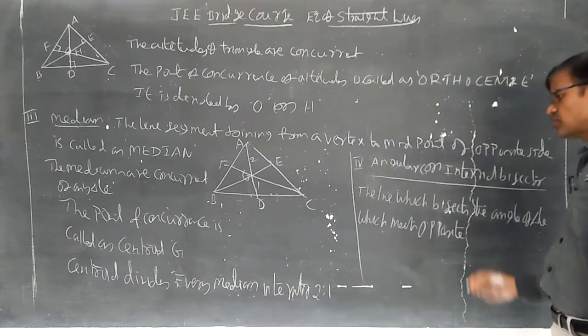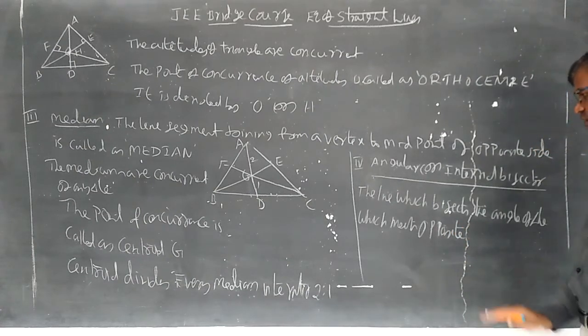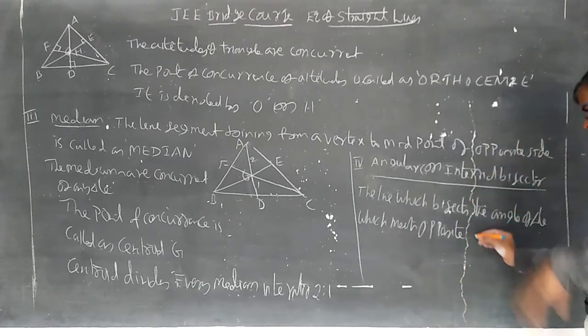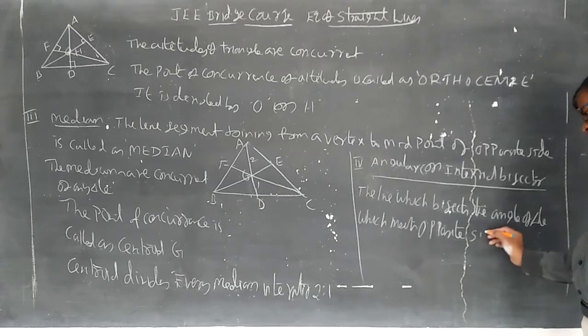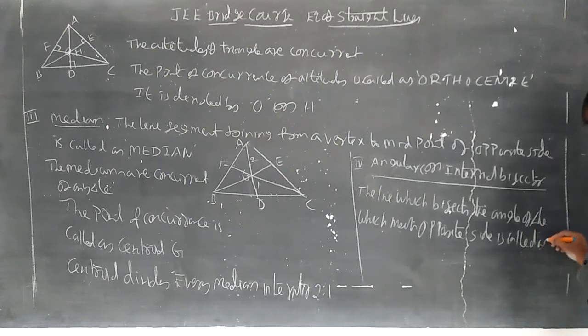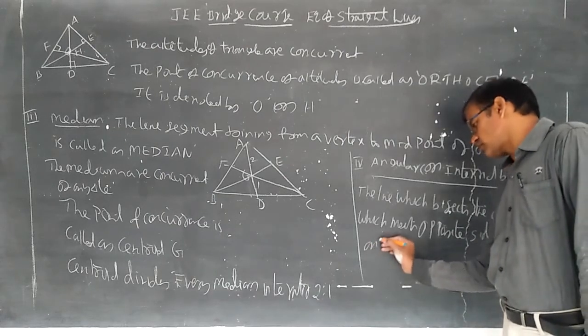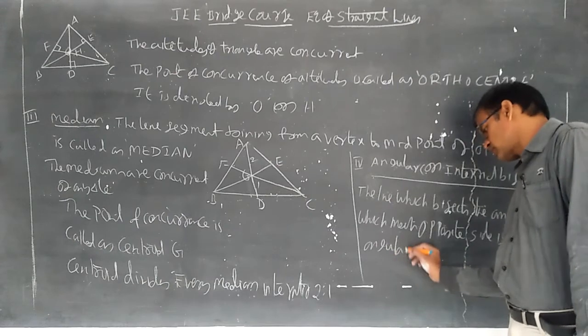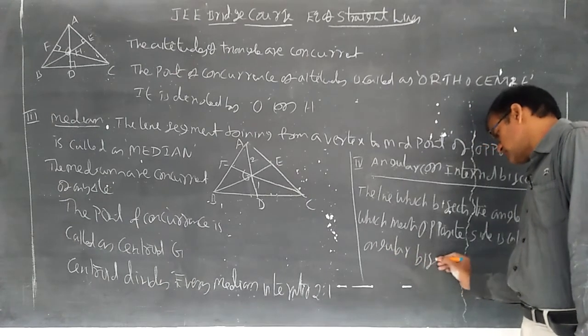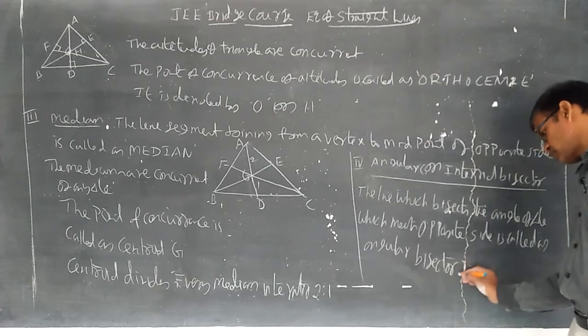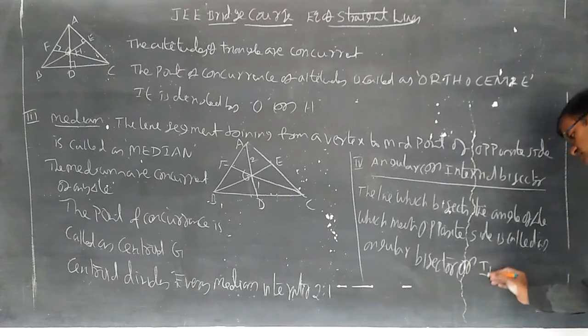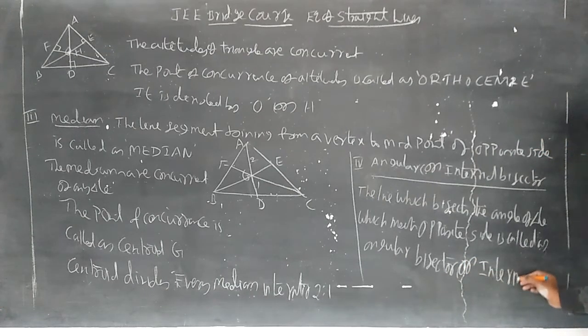There is no question of midpoint or any point or perpendicular way. There is no rule. Simply, it should bisect the angle and meet the opposite side. That's all. That is called an angular bisector or internal bisector.